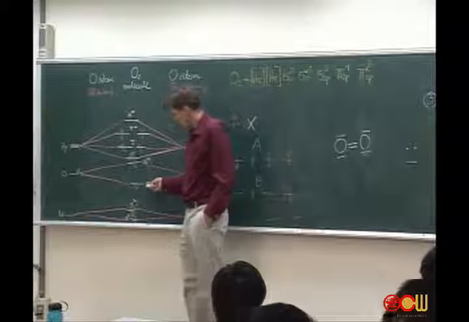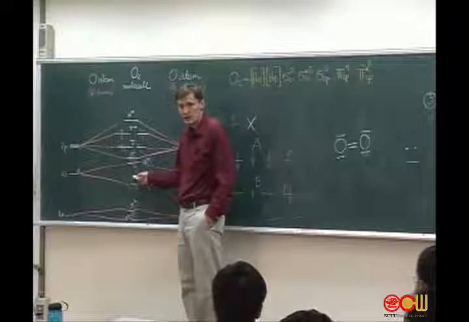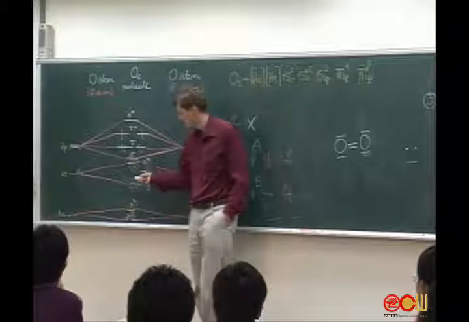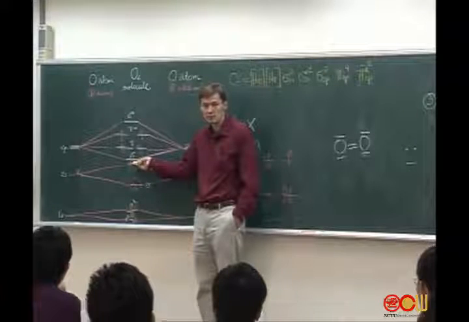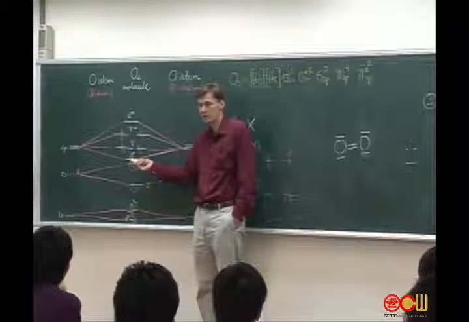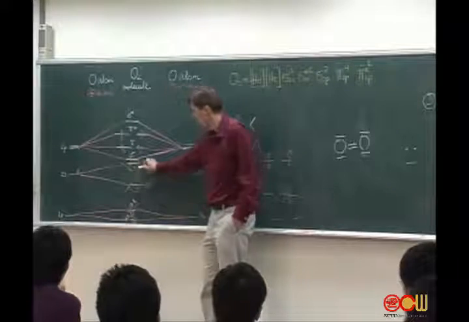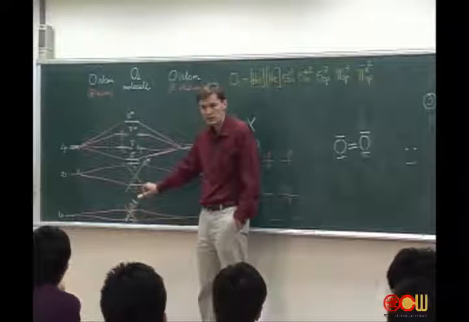If a sigma orbital is doubly occupied and the corresponding sigma antibonding is doubly occupied, bonding is cancelled by antibonding. The positive energy is cancelled by negative energy. So this one has no effect for bonding. This one has no effect for bonding.